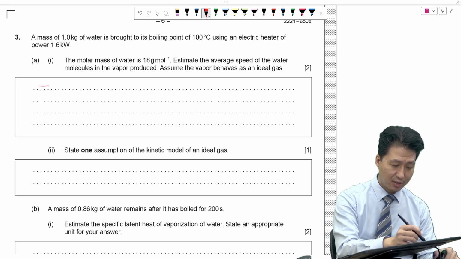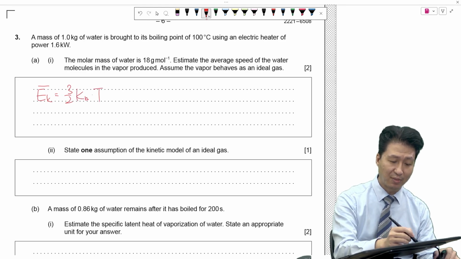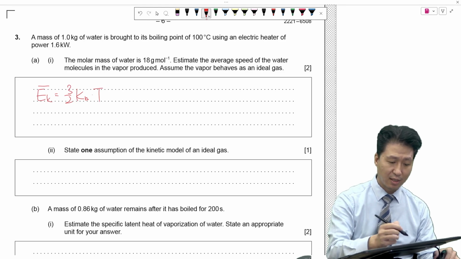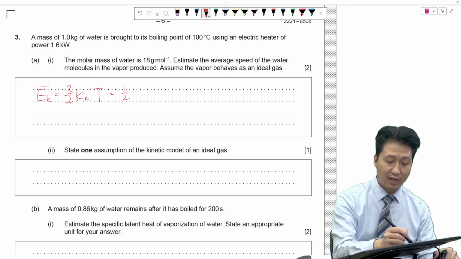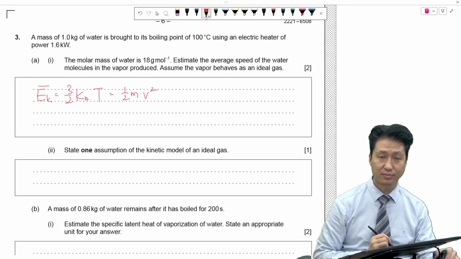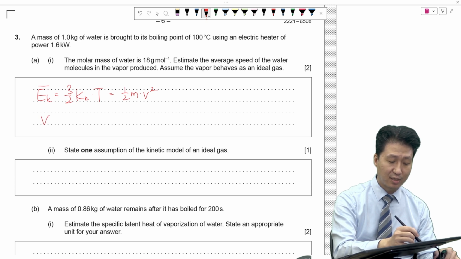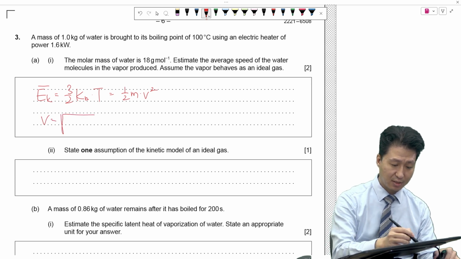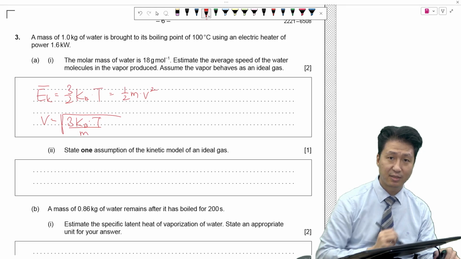So first things first, we'll use the equation for the average kinetic energy as being equal to 3/2 times the Boltzmann constant times the absolute temperature. Next, this will be equal to 1/2 times the mass of one molecule times the average velocity squared. Finally, you would get this average velocity of the molecules would be the square root of 3 times the Boltzmann constant times the temperature divided by the mass.